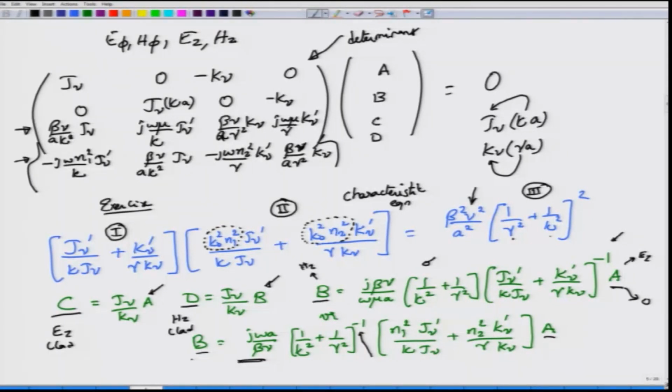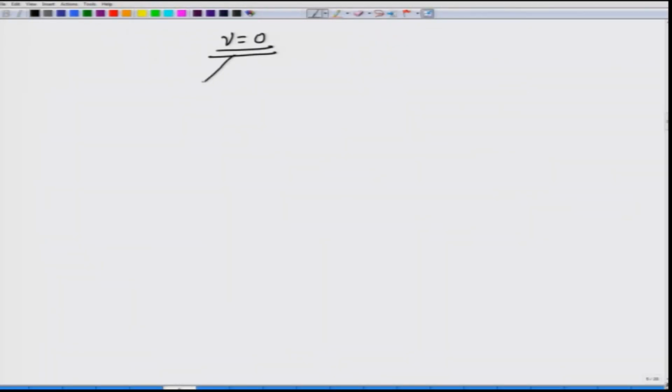So, when nu equal to 0, as I told you, one term, term 1, can be 0 or term 2 can be 0. If term 1 is 0, then it necessarily means that A equal to 0, but A equal to 0 also means C equal to 0, and we remember that A and C are the amplitudes of E Z.